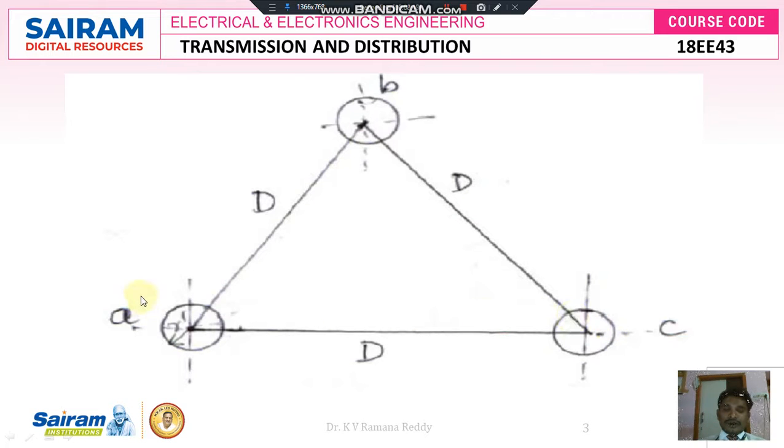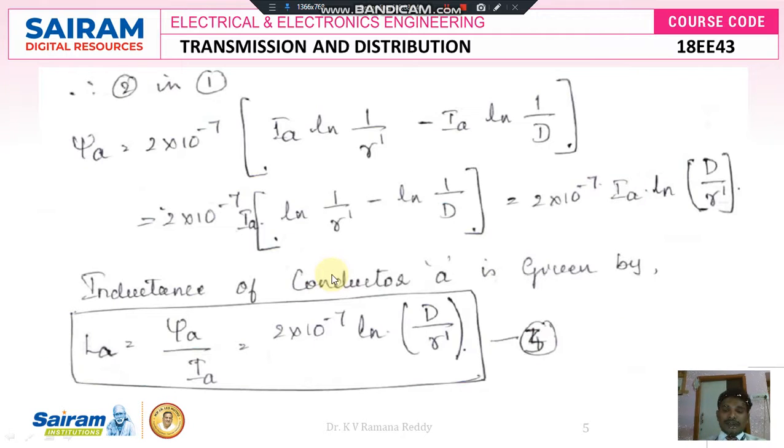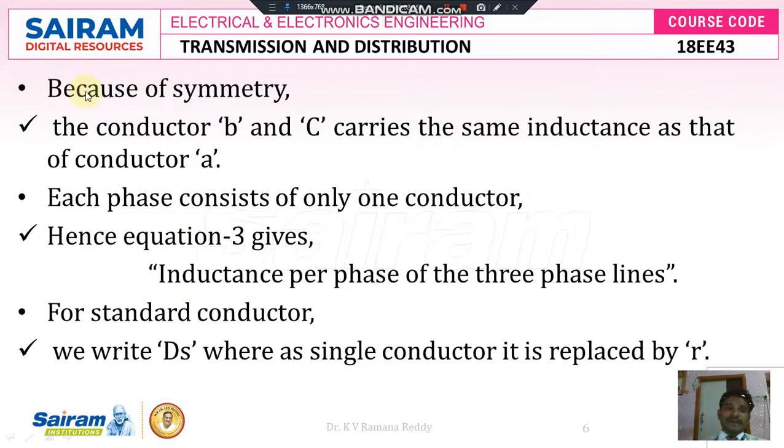But for better understanding, the magnitude of IA is equal to IB, IB is equal to IC, and IC is equal to IA. Because the network is symmetrical, the currents are symmetrical currents. Because of symmetry, conductors B and C have the same inductance as conductor A.